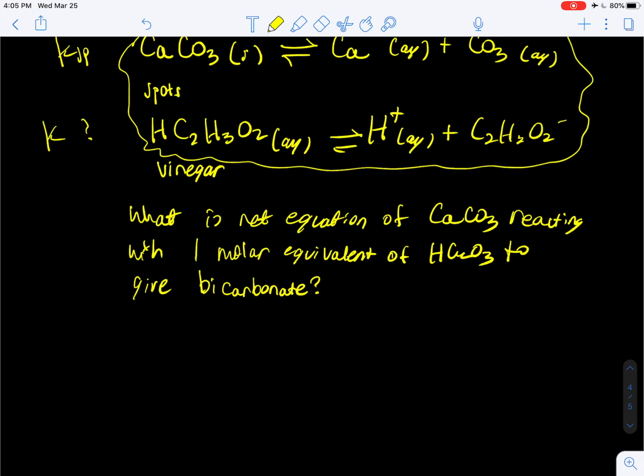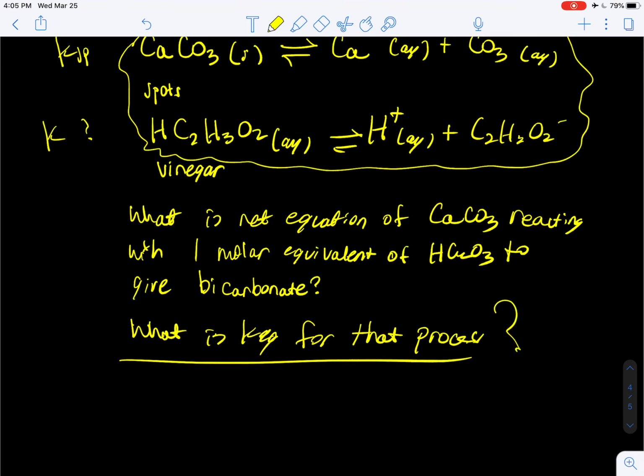Okay, and what is the K for that process? Okay, you might have to apply the rules of equilibrium to determine what that is. All right, this, I believe, summarizes up to this point.